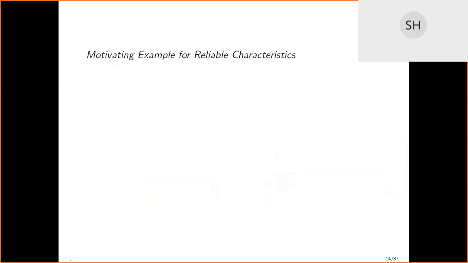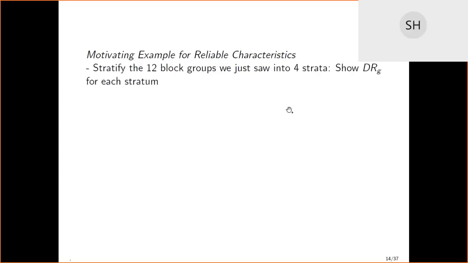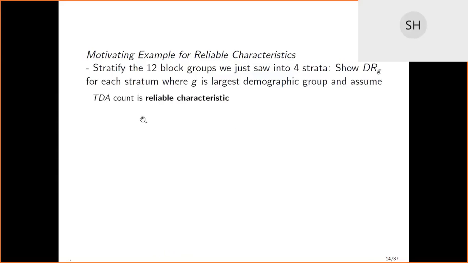So we can actually use these four block groups to illustrate in a very simple way this reliability characteristic. If we stratify the four block groups that we just saw, maintaining their same ordering from smallest to largest, into four strata and show the difference in ratios for each stratum, where G is the largest demographic group, we assume that the top-down algorithm count is reliable for the largest demographic group if we have the following criterion.